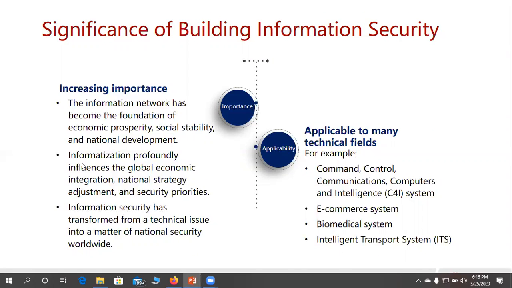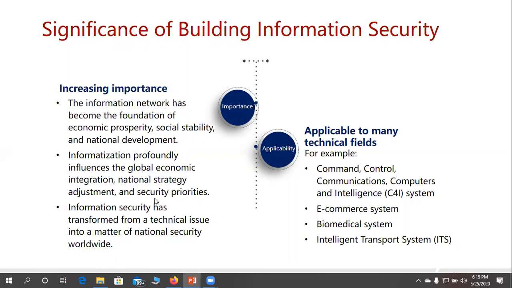And then informatization profoundly influences global economic integration, national strategy adjustment, and security priorities. You know what the internet does for us. So information security has transformed from a technical issue into a matter of national security worldwide.